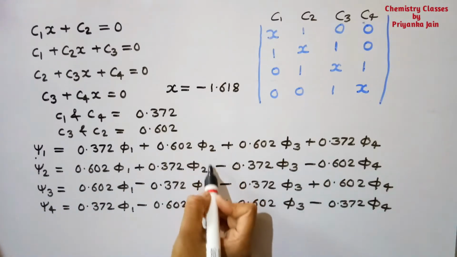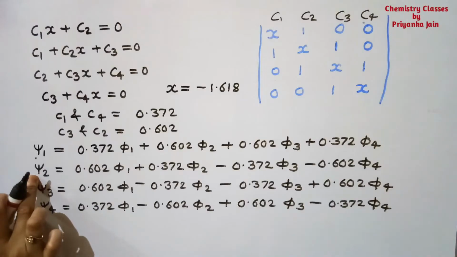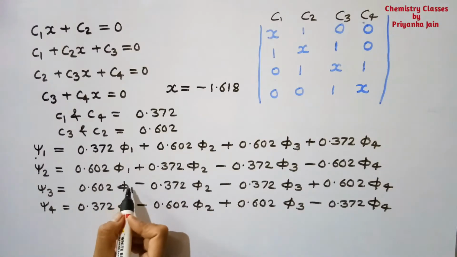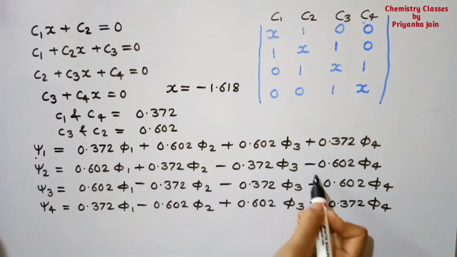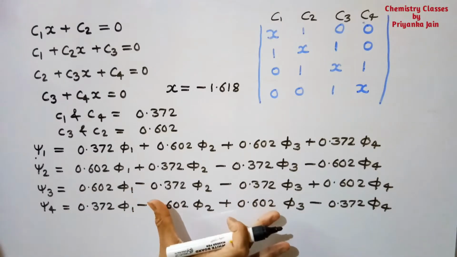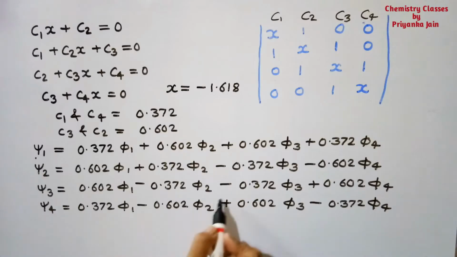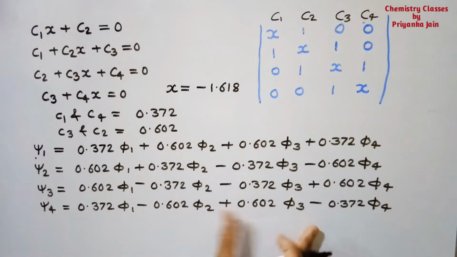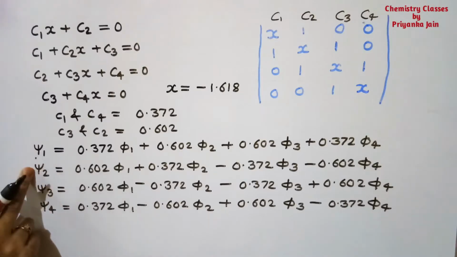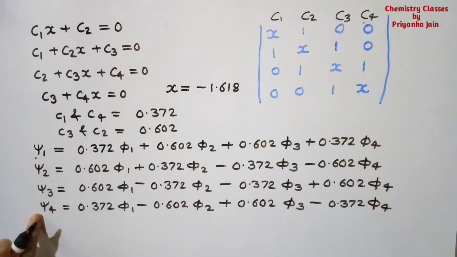So the wave function is changing sign here, so it will have 1 node. In this case the wave function is changing sign, one here and another here, so it will have 2 nodes. And in this case the wave function is changing sign one time here, another time here and a third time here, so it will have 3 nodes.